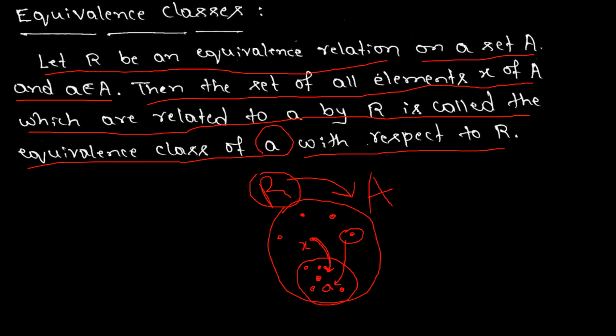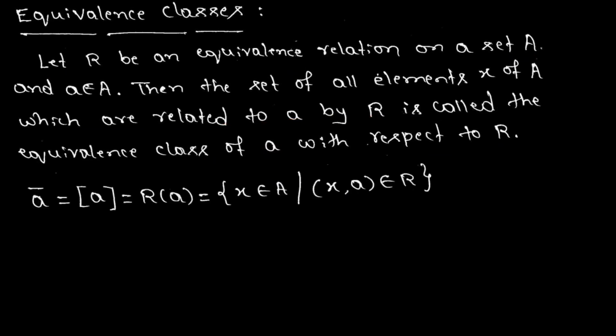The subset so formed is called equivalence class generated by an element a with respect to R, which is denoted by a bar, that is equivalence class generated by a.